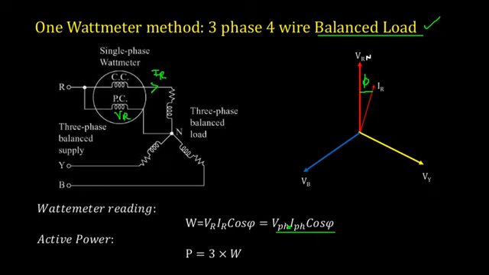So when you multiply it by 3, you get the total power consumed. Your total active power will be 3 times the single wattmeter reading. So if it is a balanced load for a 3-phase 4-wire system, you can use a single wattmeter to measure the total power consumed by the balanced load.